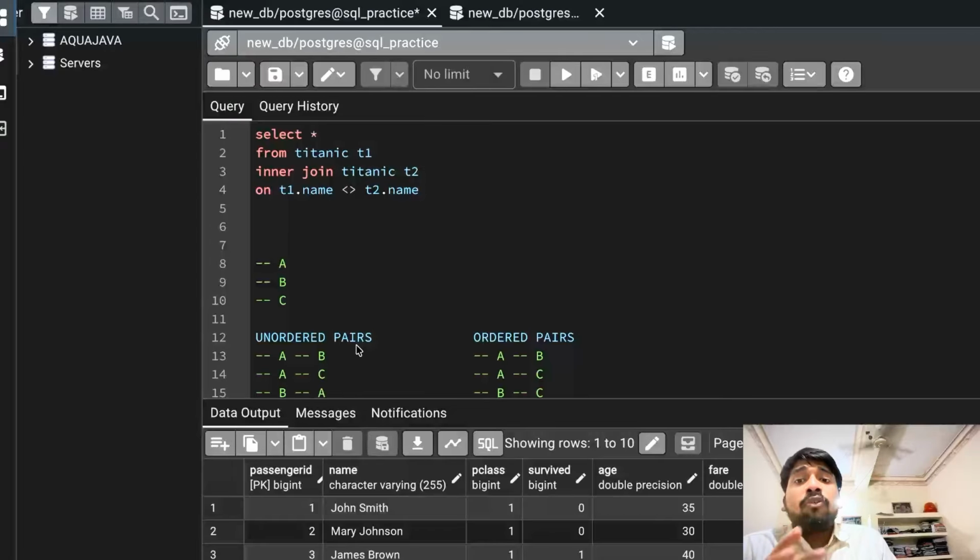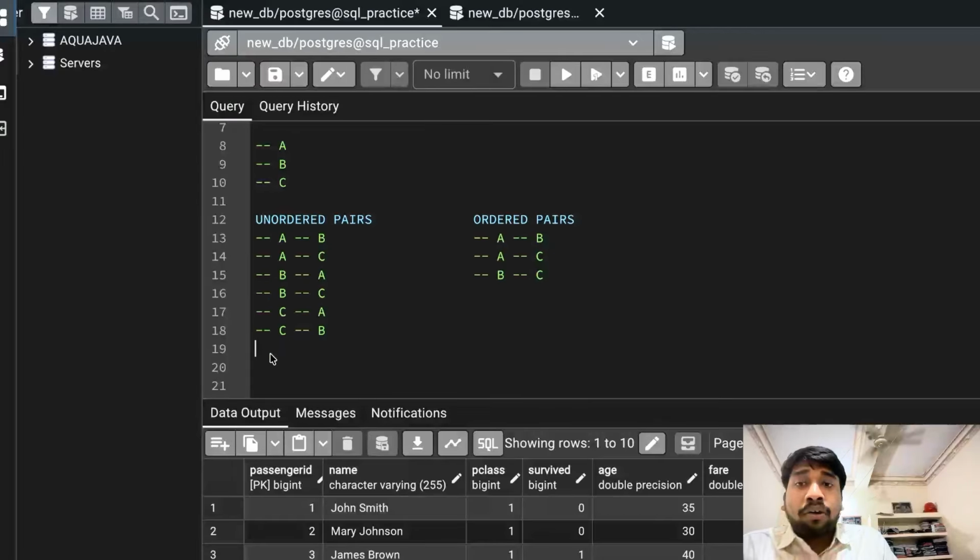Now, if you want to calculate unordered pairs, you use T1 dot column less than or equal to T2 dot column. T1 and T2 are the names of your tables, and these columns are the same, similar columns. But if it's about ordered pairs, then you will do T1 dot col less than T2 dot col.